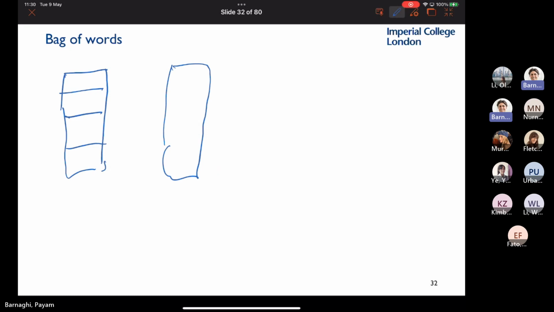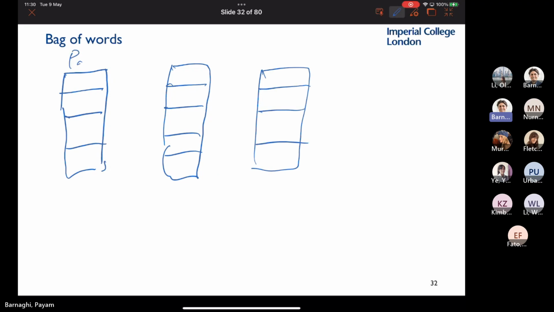Let's say we had our words: this was Paddington, this was Went, and this was station. And imagine we had some numbers for this: 0.1, 0.2, 0.3, 0.4, minus 0.5, 0.2, 0.3.